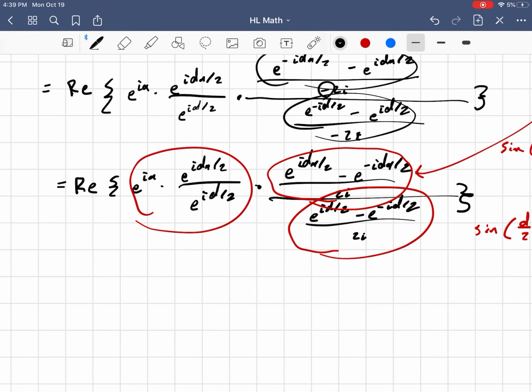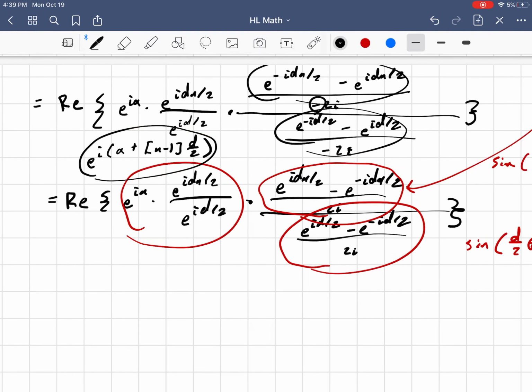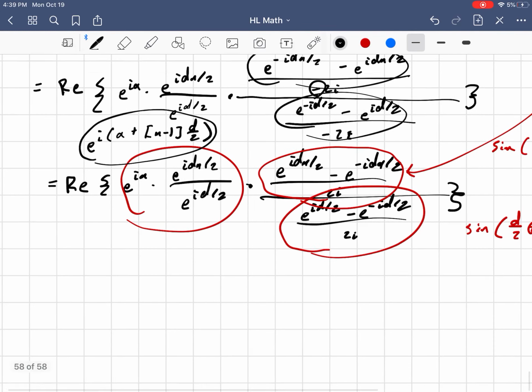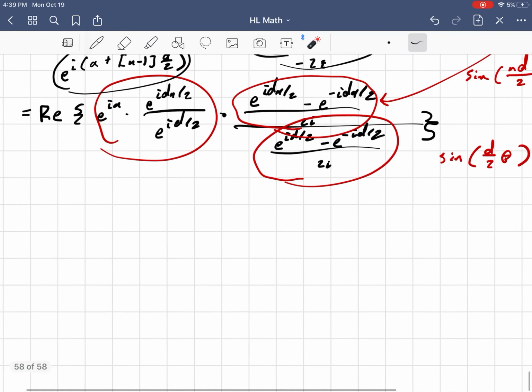So if I combine this together, I get e to the i times a plus n minus 1 d over 2, because I just added the a and this nd over 2, and then subtracted another 1 because I'm dividing here, just exponent laws. So now this part right here, if we're taking just the real part of it, we're just going to get the cosine of what's inside right here.